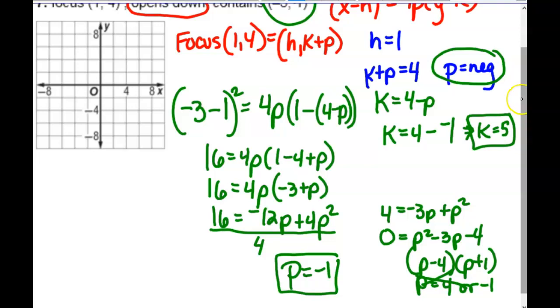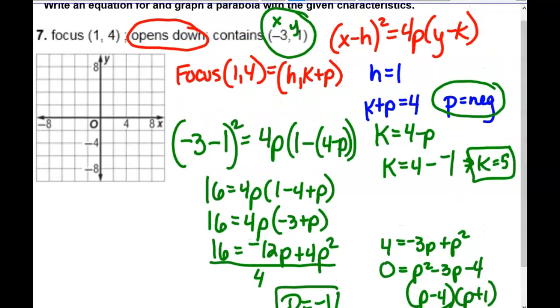Would it be x minus, what was h, 1? 4p would be 20. No, k is 5, not p. P was -1, so 4 times negative y is -4, and then y minus 5.